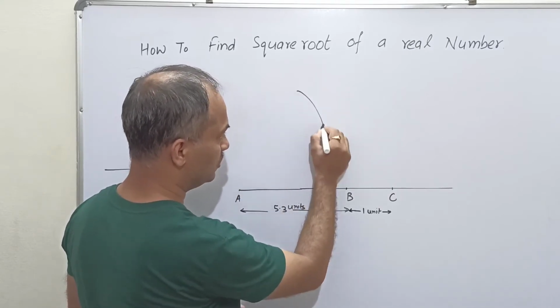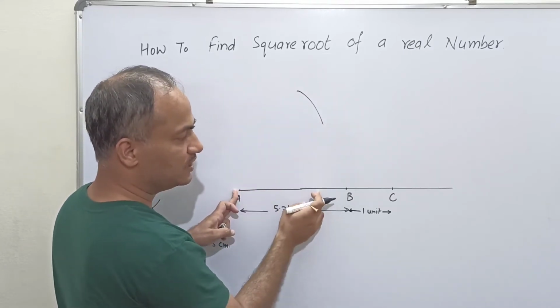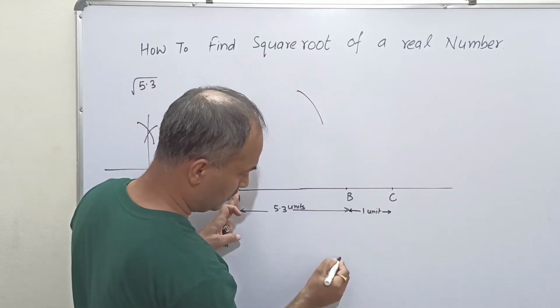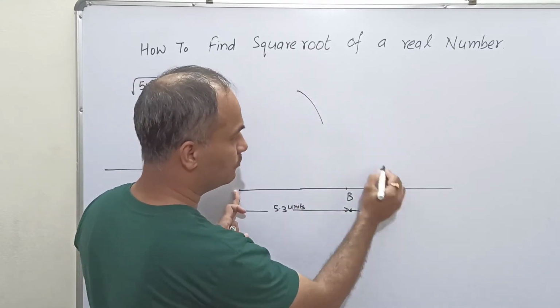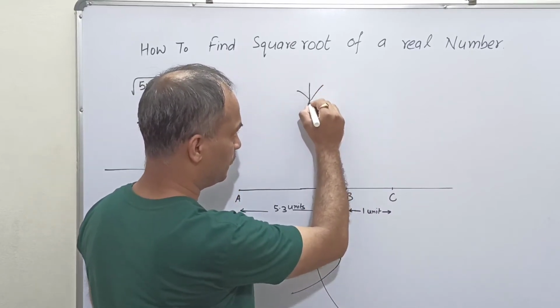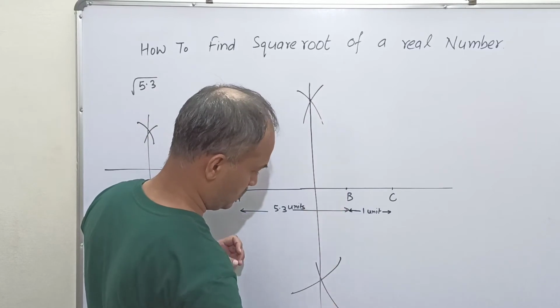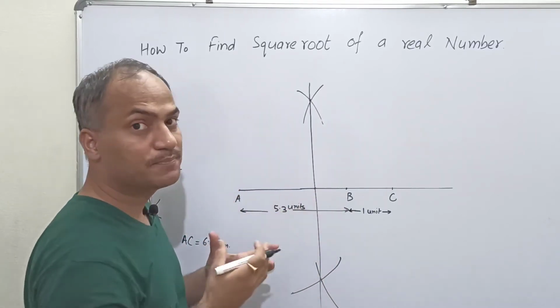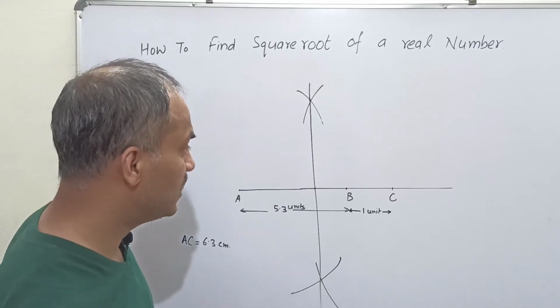So let us draw the arc. With A, I have taken more than half of AC and drawn this arc here as well as here. Similarly for C, I have drawn these two arcs, then I am joining it. So here I get the midpoint. You can name the midpoint by any variable.